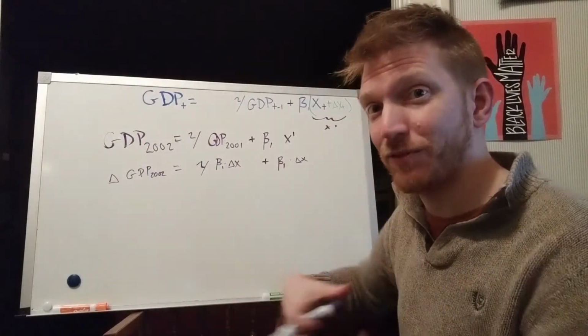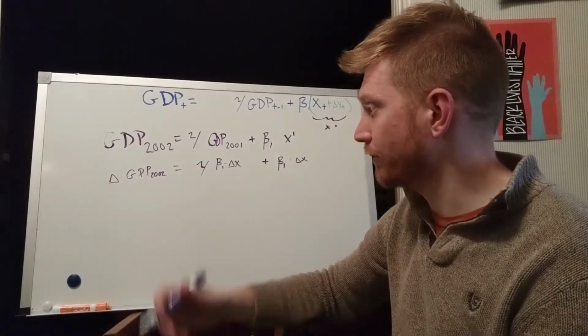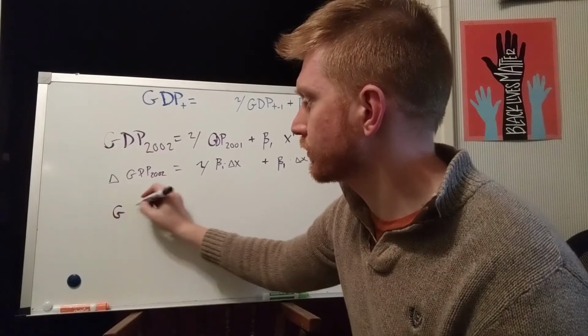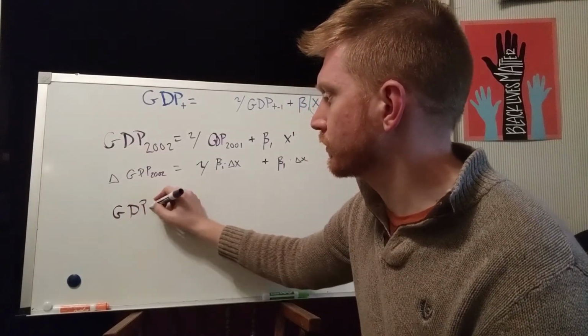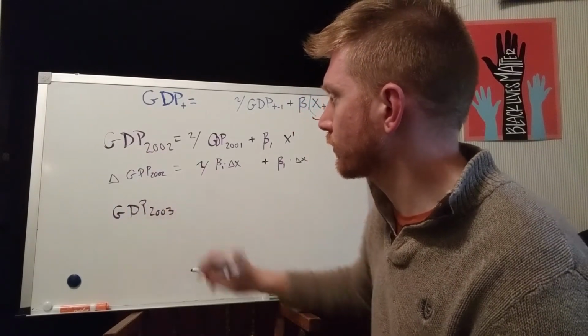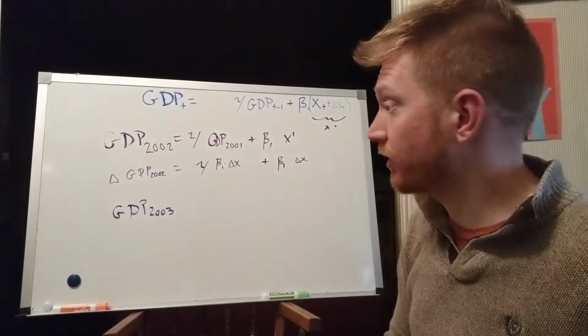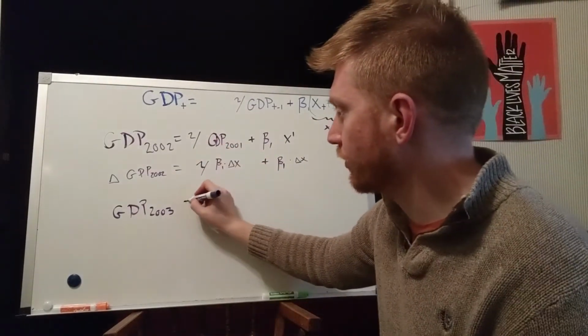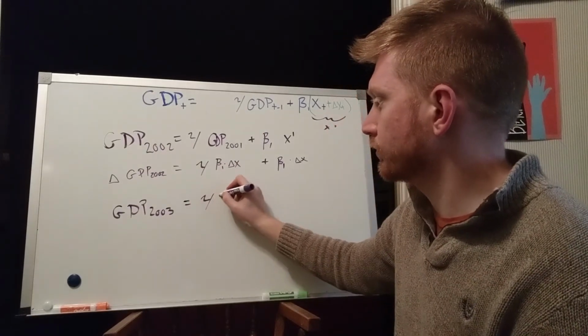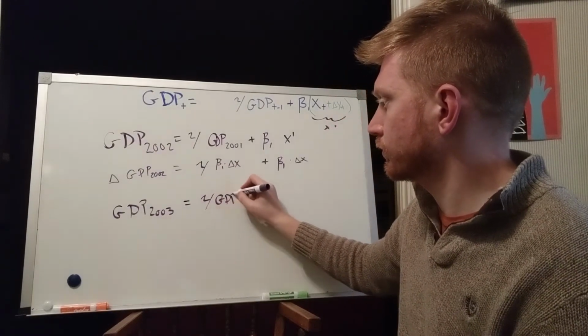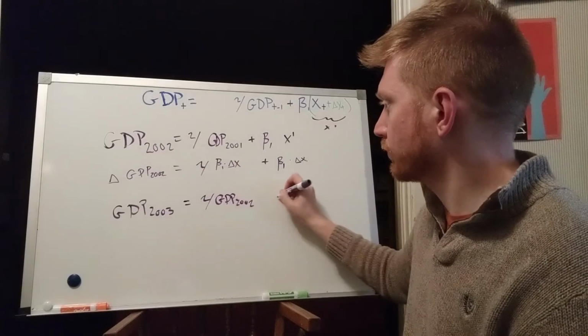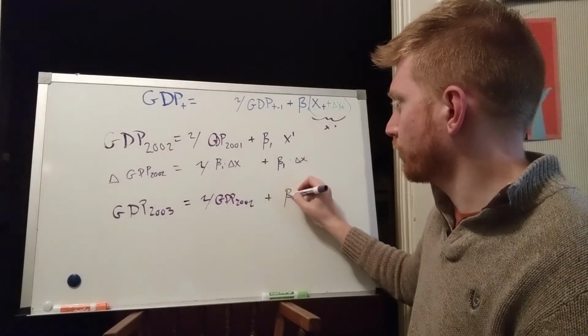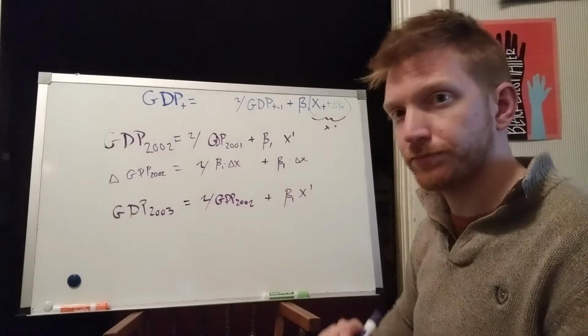If we did for 2003, we would have a very similar setup. Still gamma times 2002, plus beta times our new x.